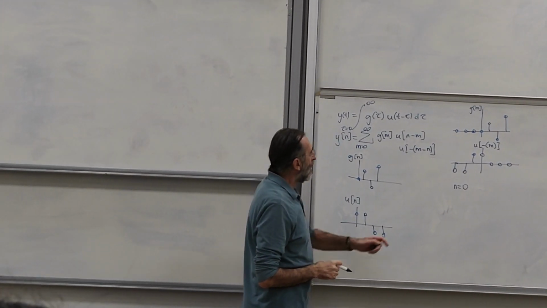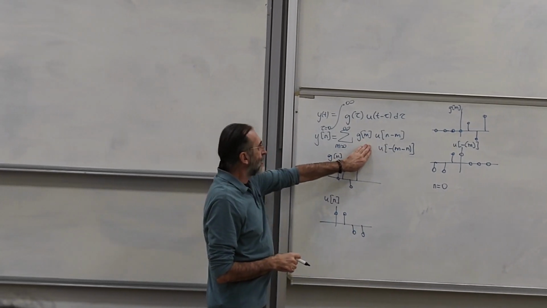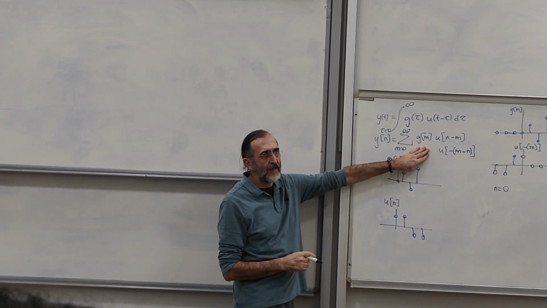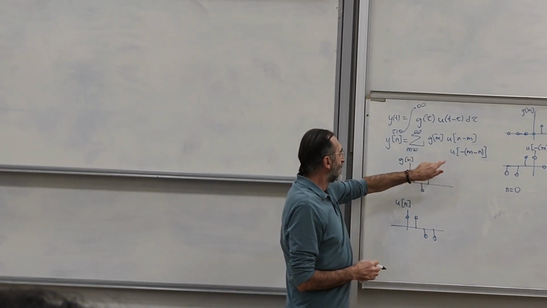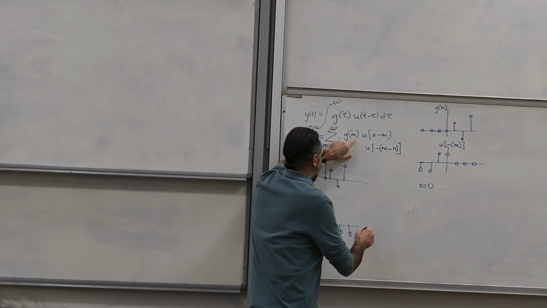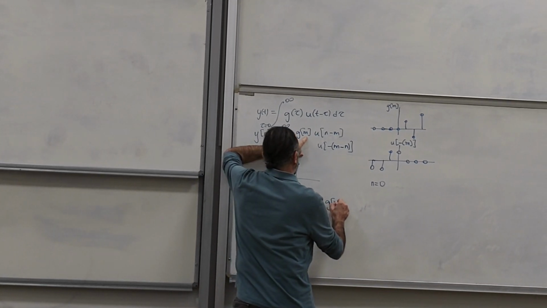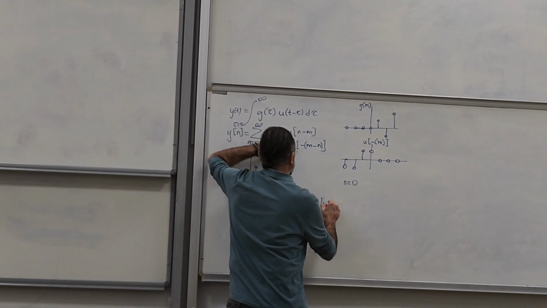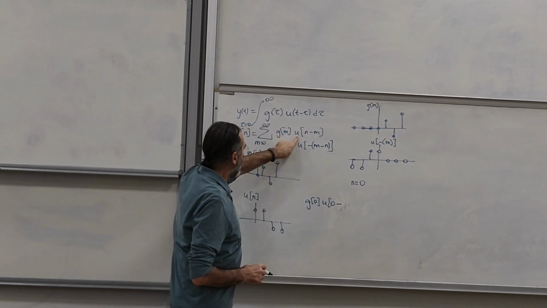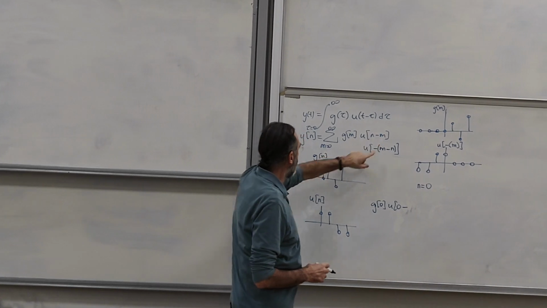So, whatever the summation tells me for n equals 0, I'm going to say g of 0 times u of 0 minus, I'm going to start n from here.